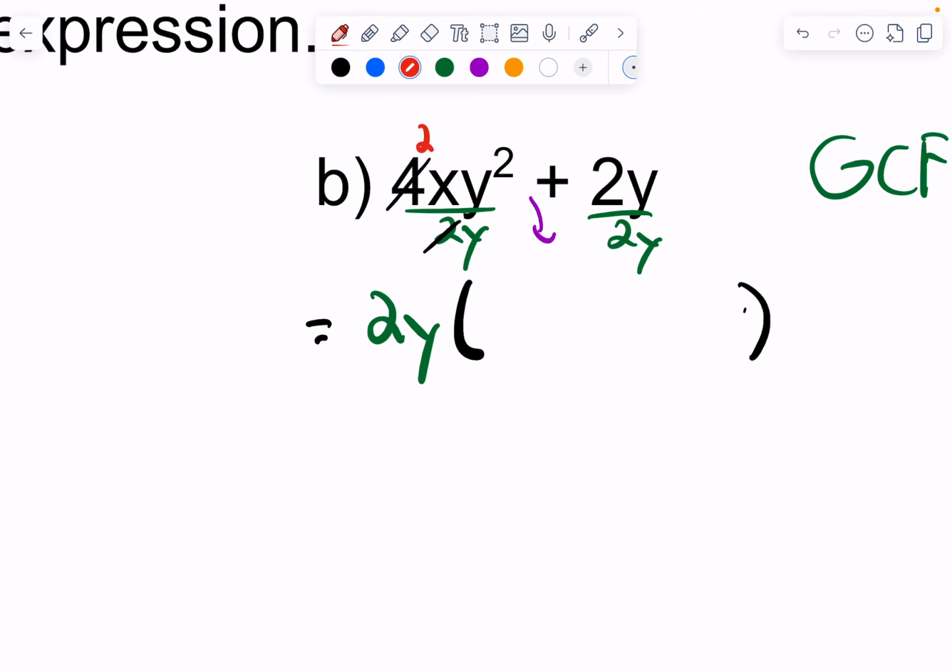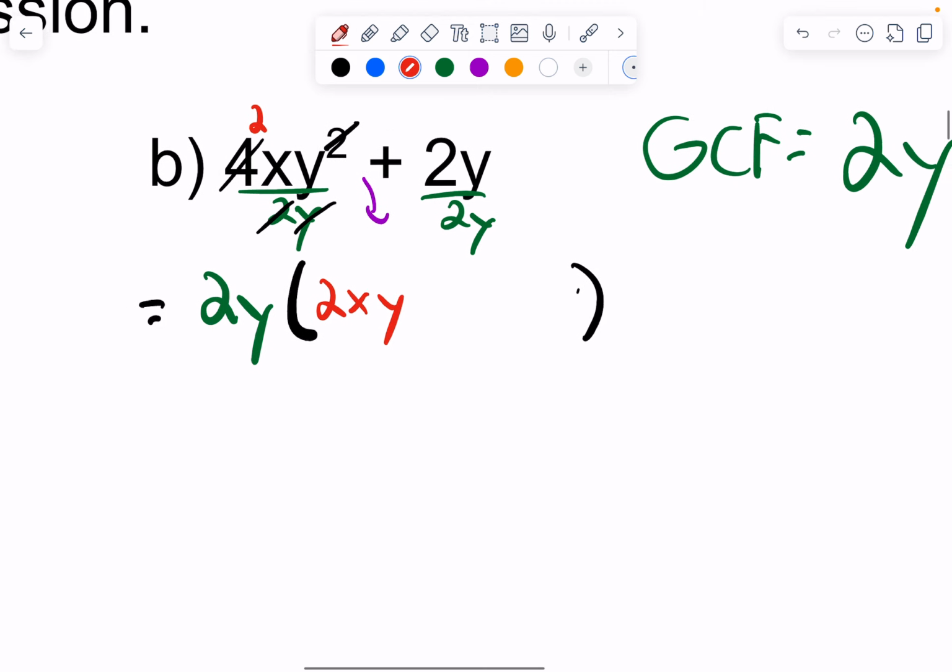So that's 2. This y and one of these y's cancel, so you're just left with y, and nothing happens with the x. So you're left with 2xy.